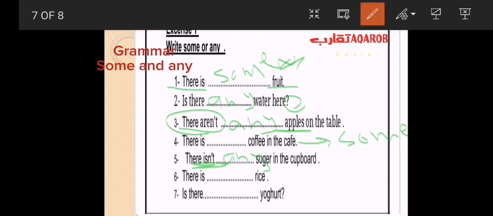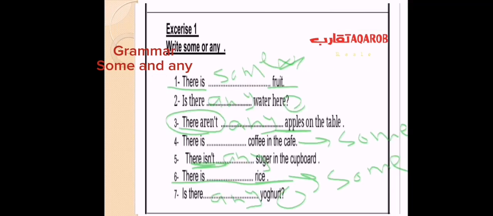There is some rice. This sentence is affirmative, so we use some. Is there any yogurt? We will use any here. Why? Because this is a question. So again, we use some with an affirmative sentence, but we use any in negative sentences and questions.